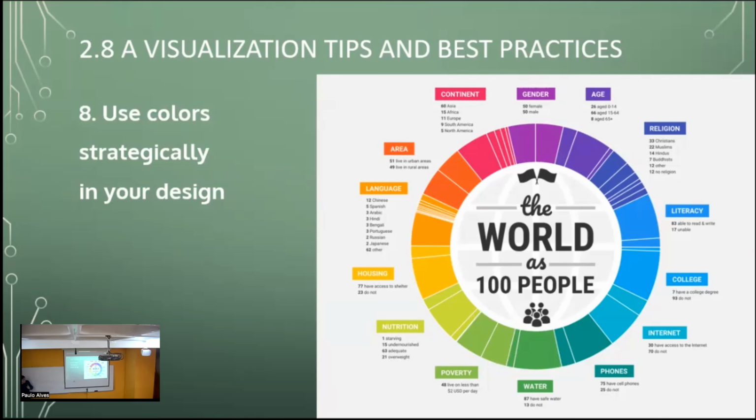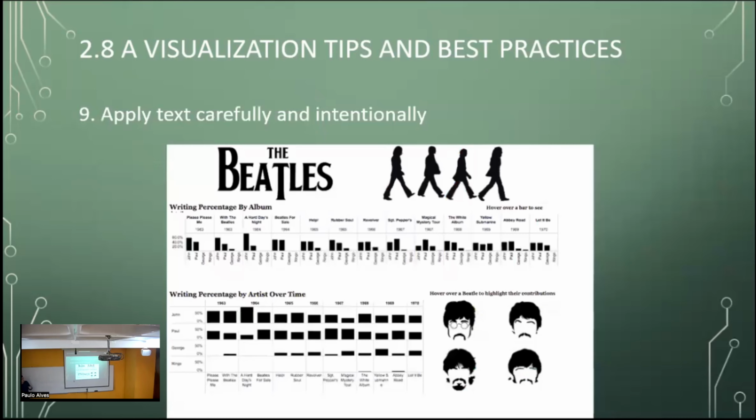And the last one is about fonts. So colors are important, but fonts are also important. As you can see, the Beatles, it's a logo that is a font. It was created only as a logo of the Beatles, and it's not usually used. So when you see the Beatles, you know that we are talking about the Beatles.